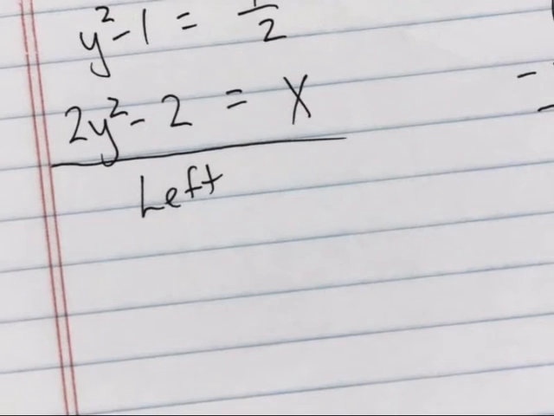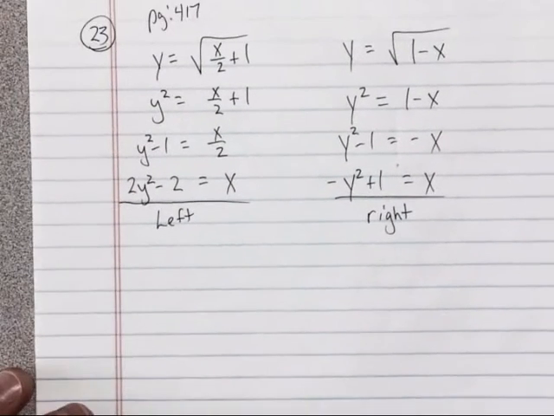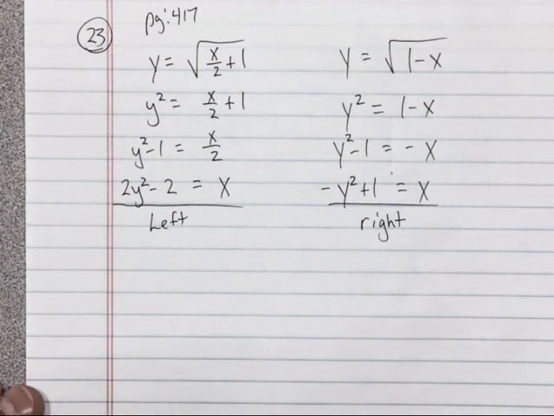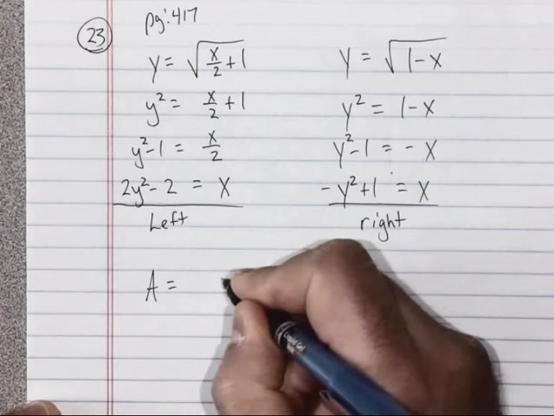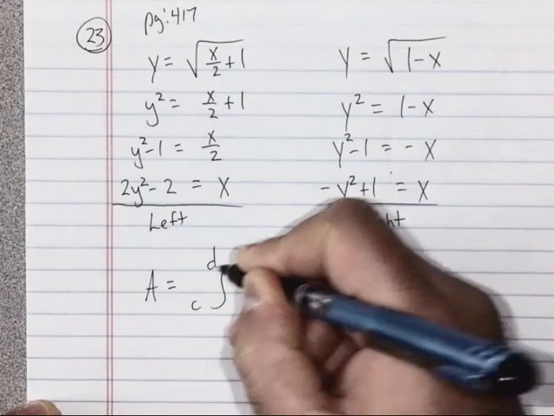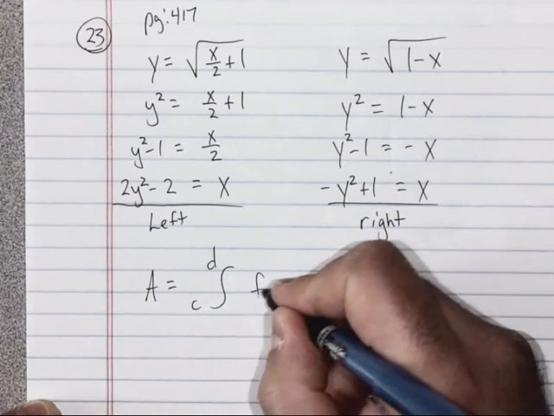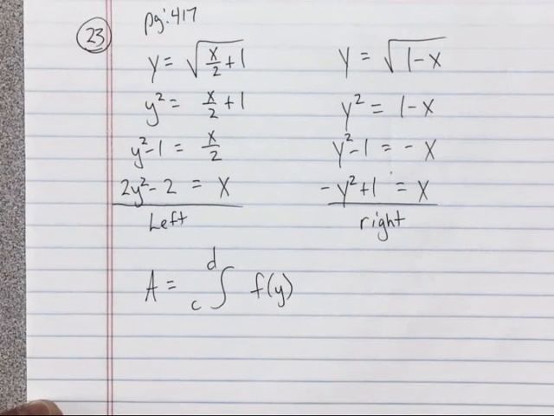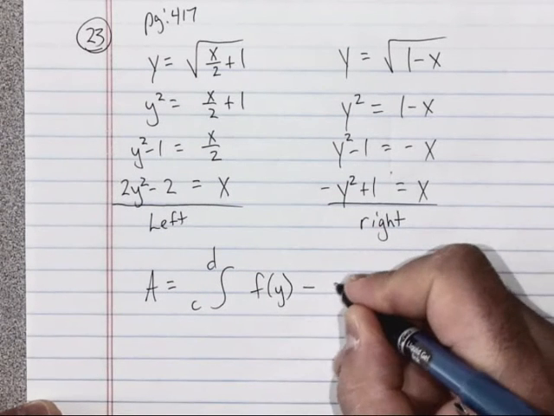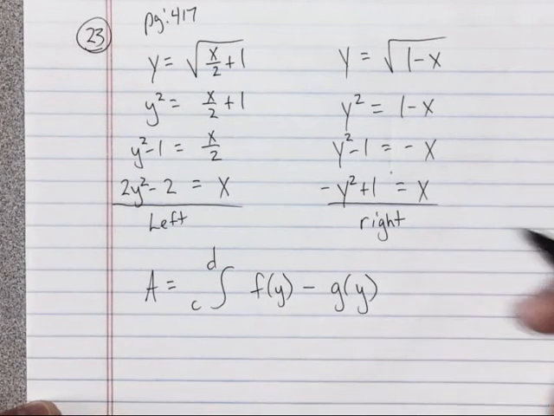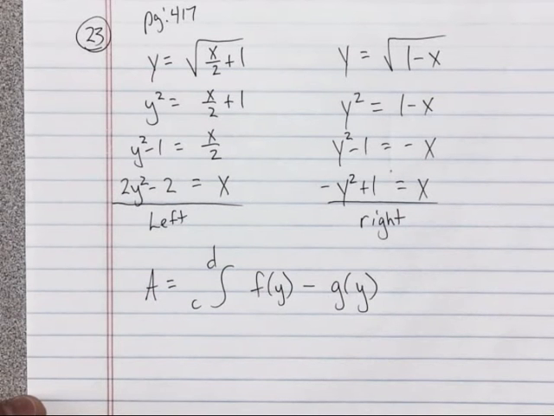So let's go back over here to my notepad. I'm just going to write down the area between two curves with respect to y, and then we'll match up what we have, c and d. This is f of y, not f of x. That's why we had to rewrite these in terms of x.